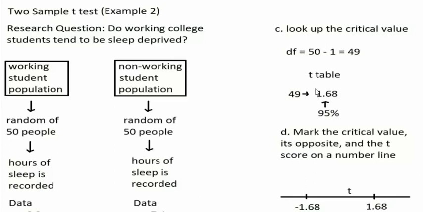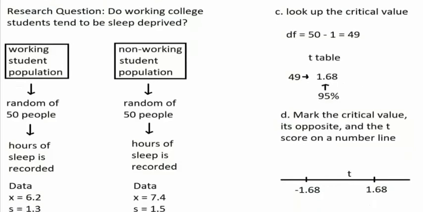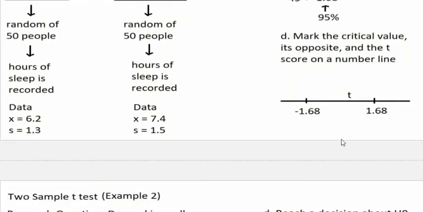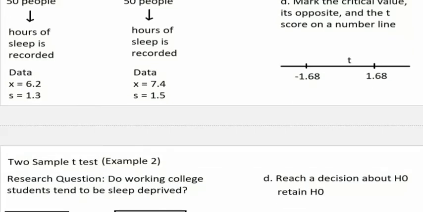It's still 1.68 because our sample sizes haven't changed. So now let's mark off our critical value and its opposite again, and mark the t-score. And now the t-score is in between the two critical values, in the non-rejection region. So this means we're not going to reject the null hypothesis, we're going to retain it. That's the answer to part D.